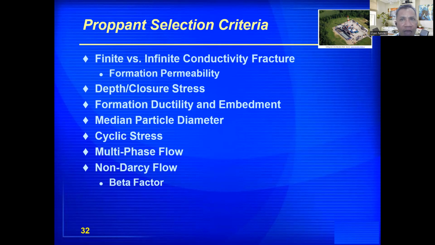Cyclic stress: every time you start a well, increase or decrease the rate, you cycle that proppant. Multi-phase flow: most wells don't produce only oil or only gas, they produce a combination. Then, of course, there is non-Darcy flow and beta factors, which come from Forchheimer's equation.